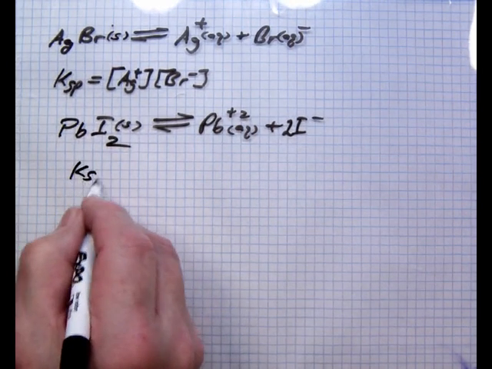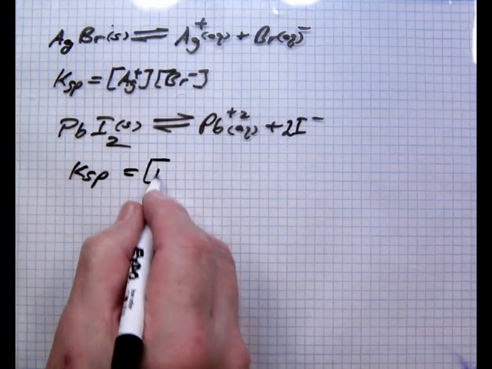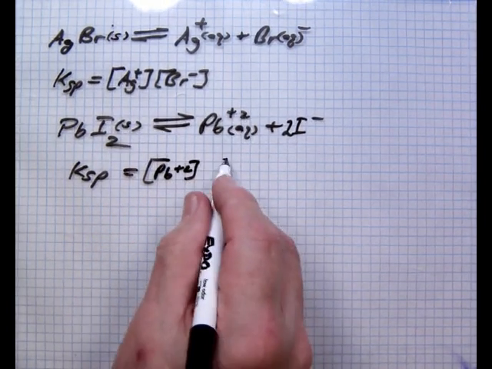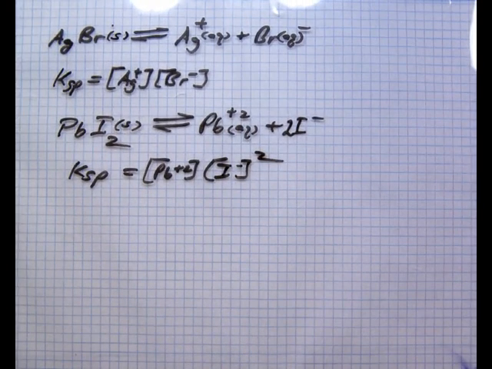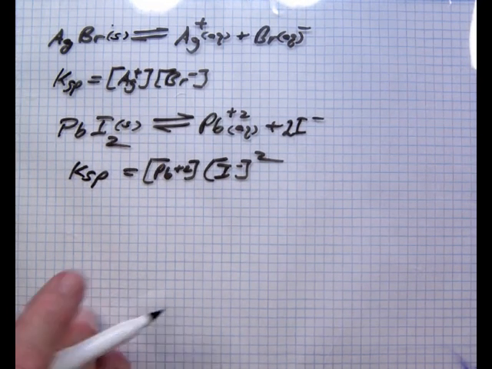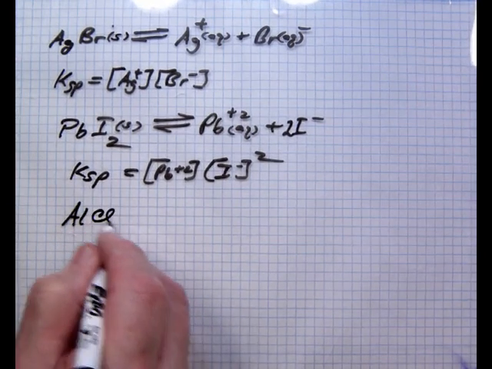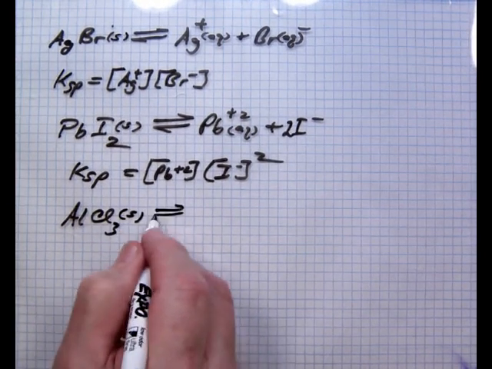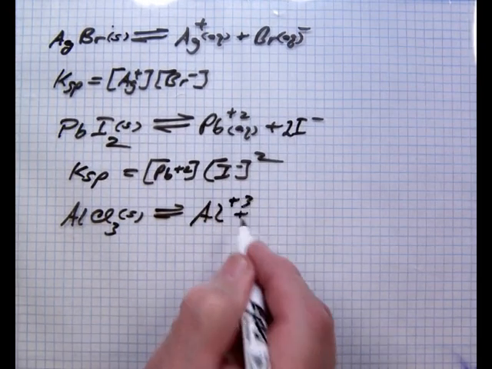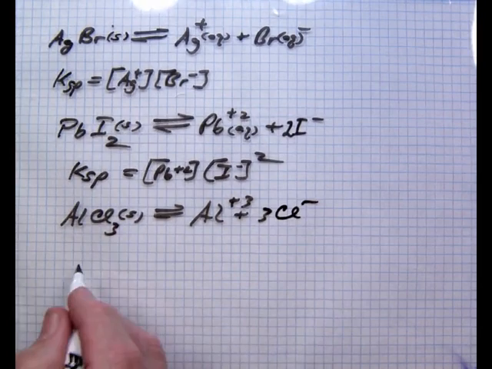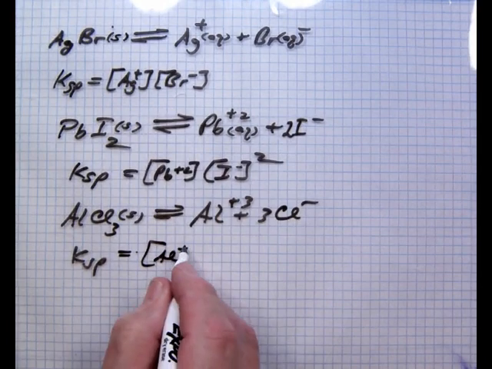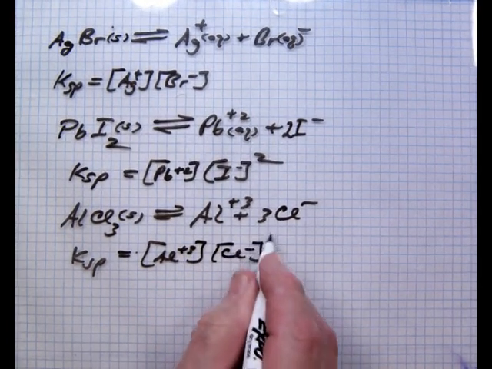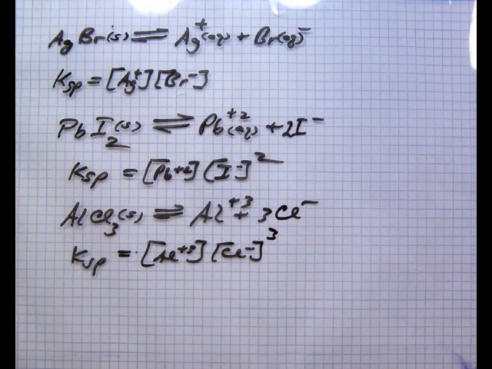That is, your Ksp for the lead iodide is lead 2-plus times iodide squared, like that. Aluminum chloride is a 1-to-3, and so it's aluminum times chloride cubed, like that.